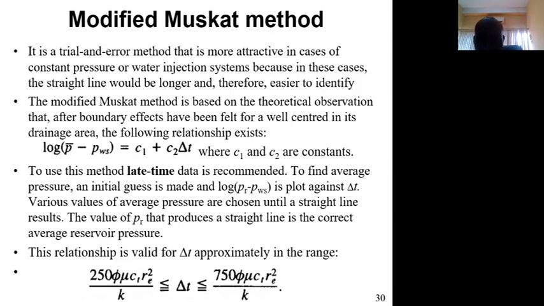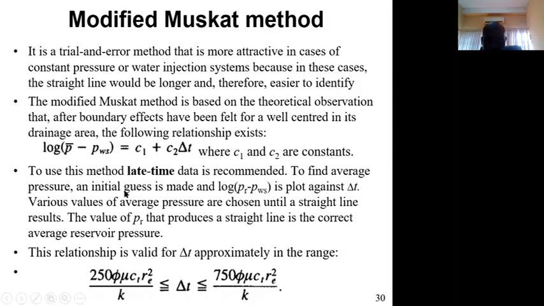The reason is because the assumption is that this linear relationship holds. The log of the difference between the average reservoir pressure and the shut-in bottom hole pressure is proportional to your shut-in time. And it's easier to identify the straight line for constant pressure systems than for wells producing under steady states.